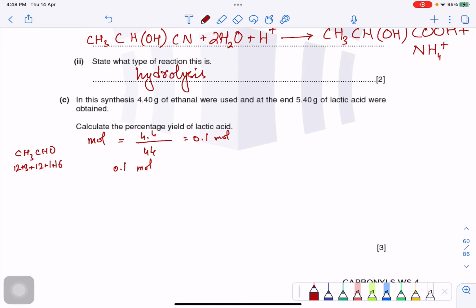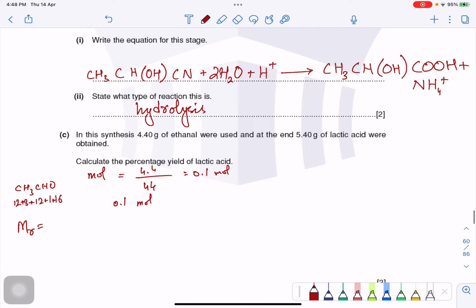Now the MR of lactic acid. Let's see over here. This is 15. This is 13. This is 17 plus this is 12 plus 16 times 2 plus 1. Add them all up. So 15 plus the rest, 90.